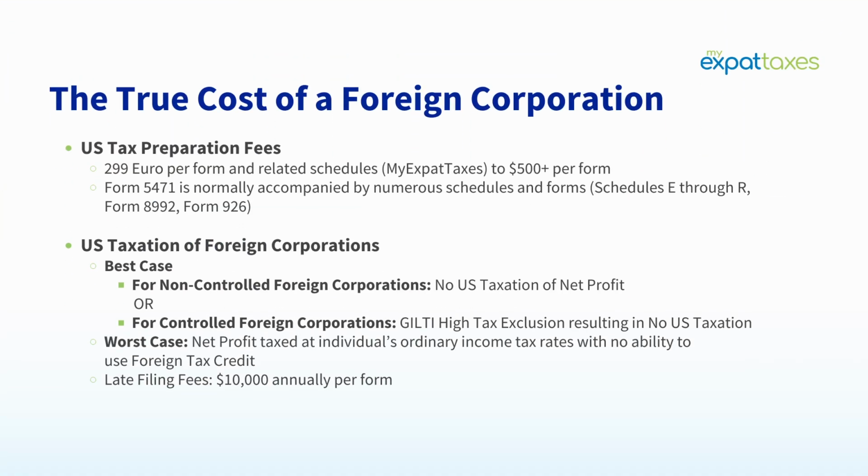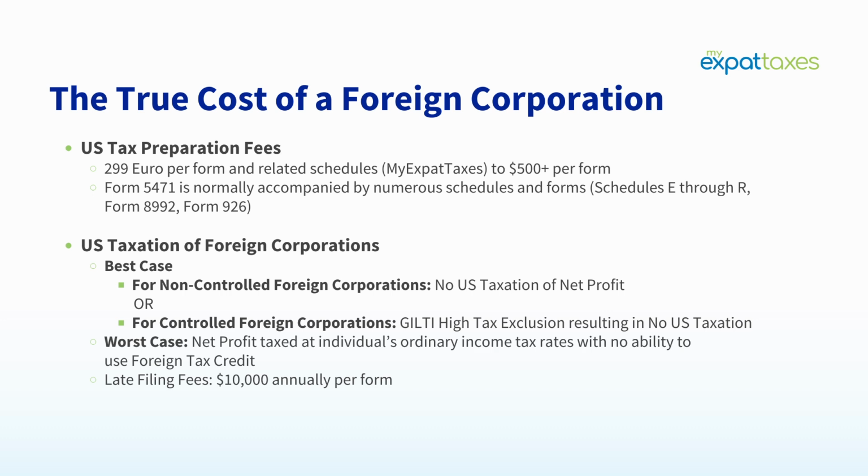Now, on top of that, if it is a controlled foreign corporation, right, and you're subject to GILTI taxation, you also have to include Form 8992 and its related schedule. And if it's a company that was just incorporated, or you gave property to the company to start it, you might also need Form 926.